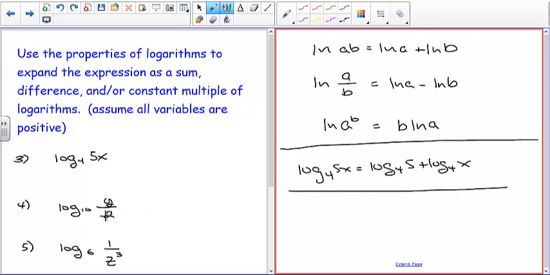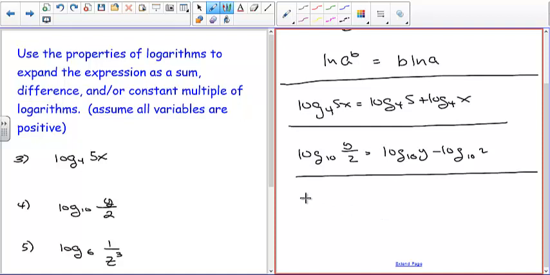Okay, the next one we have a quotient, so we're going to use this one. So log base 10 of y divided by 2 is log base 10 of y minus the log base 10 of 2, because we have a over b, and we just plug in a and b.